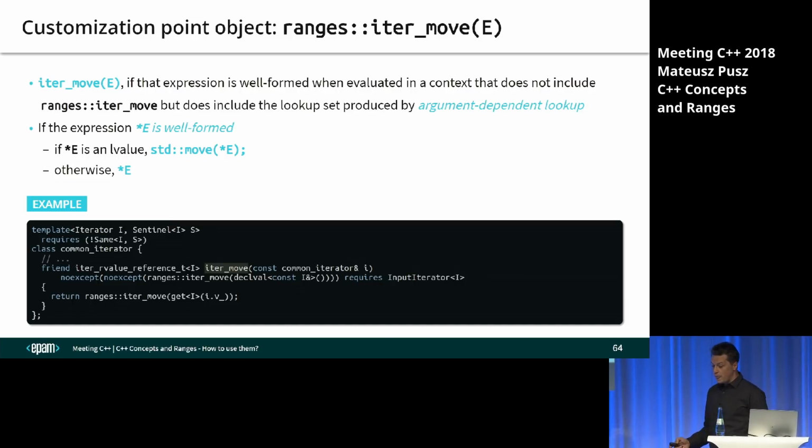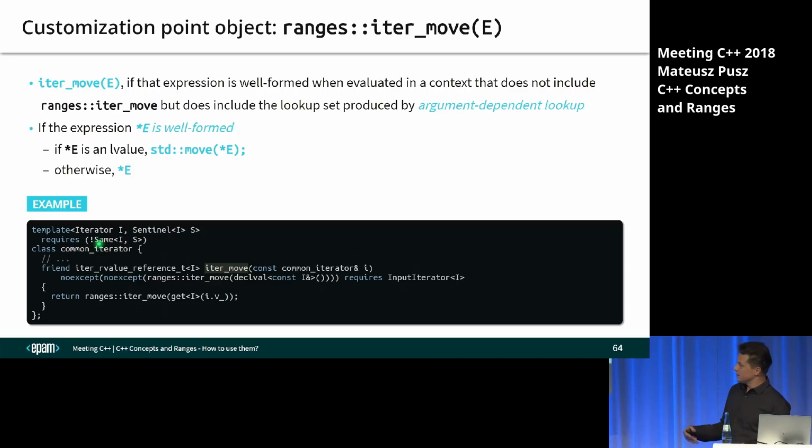So for example, if you want to customize it, you write your own iterator. A common iterator is some wrapper around other iterators. So in order to make it work with iter_move, we do iter_move on the nested iterator. This is how you specialize those customization points for your iterator types.